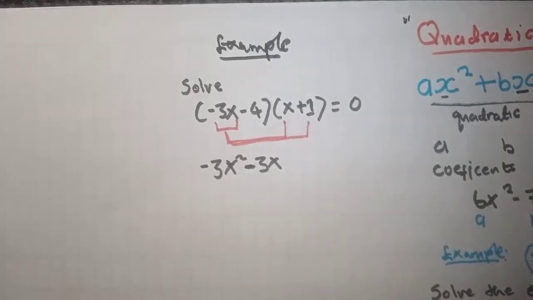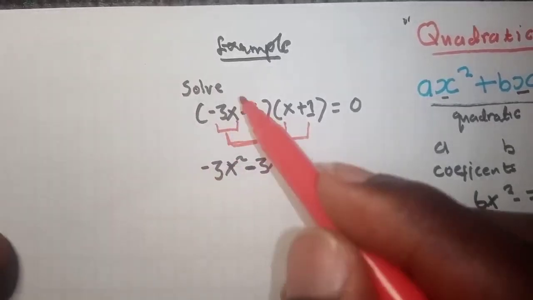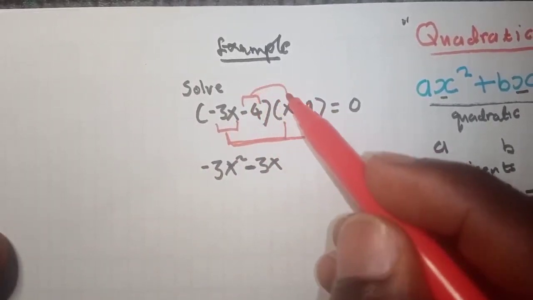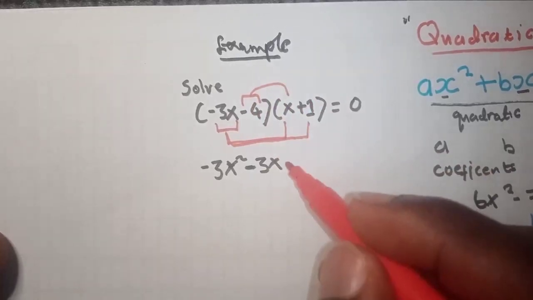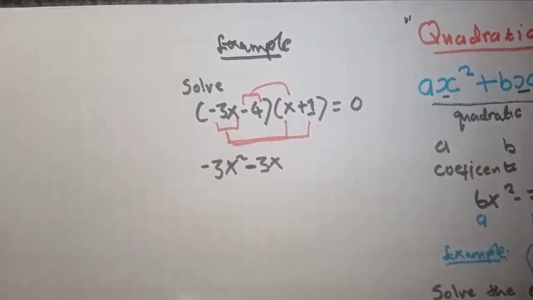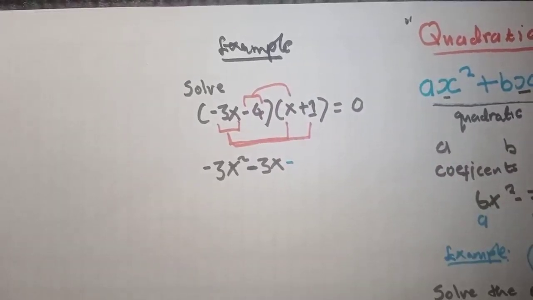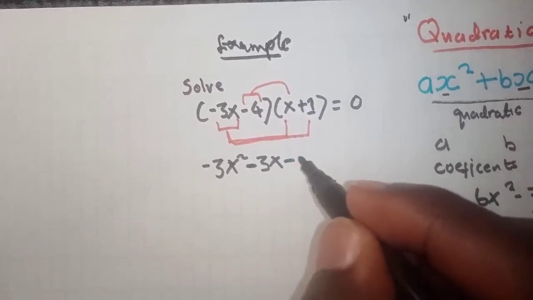Then the next step is to multiply the negative 4 with everything on this side. So negative 4 times x gives us negative 4x.